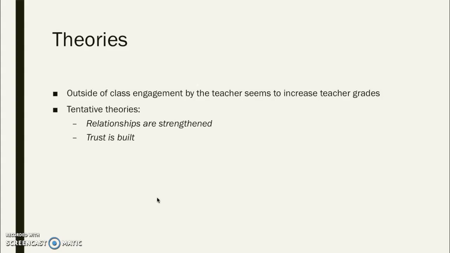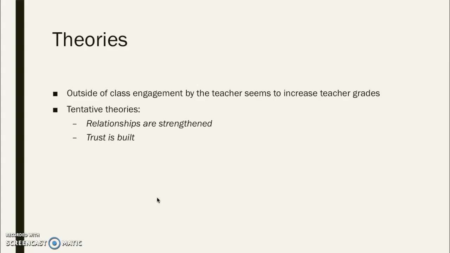One theory is that a relationship is needed for students to be able to learn properly. Students have to have a positive relationship with their teacher in order for there to be learning taking place. And so when a teacher engages a student outside of class, that relationship is strengthened, because the student now knows, oh, my teacher doesn't just care about me for my grades.